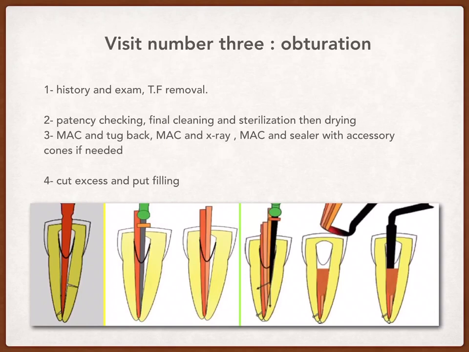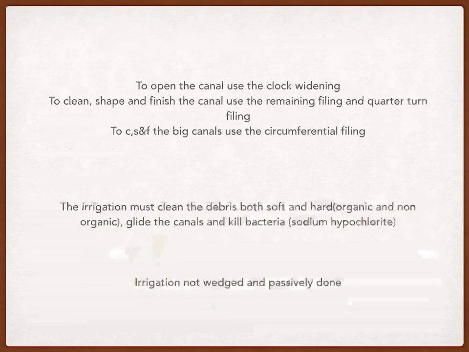These 3 visits might be done collectively in one visit if the periradicular tissues were healthy and there was no bone disease. We can treat the tooth in one visit. Here I want to indicate some notes.